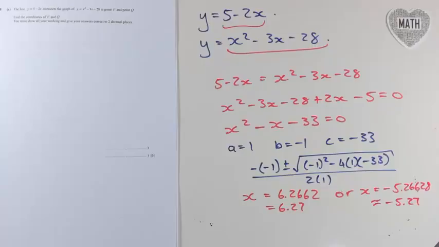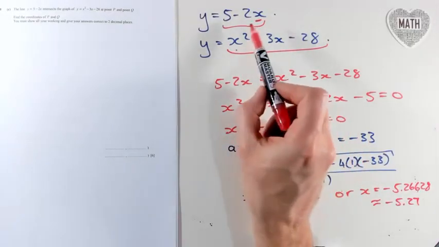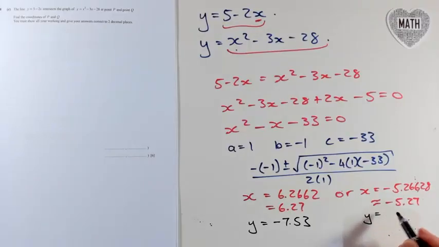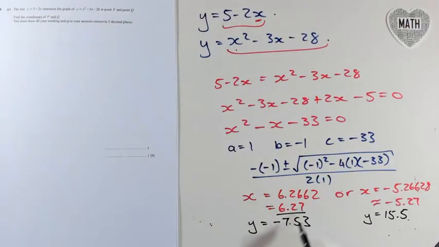And if you sub this x value in there, it's just more calculations: 5 minus 2 times this value, and then you would get y, in this case negative 7.53 when you round it, and the y value here would be 15.5. So very important here, these are coordinates, so you would put this as the x and that as the y, and then for the other one this would be the x and that would be the y.